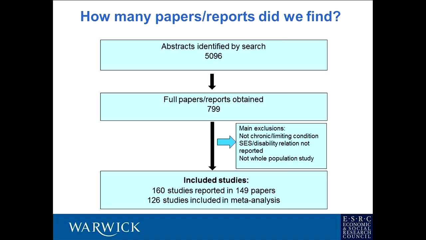And in the end, we identified 160 studies in 149 papers that we reviewed, and 126 of these we put into a meta-analysis. The studies were from a variety of countries. We limited it to high-income countries because the situation is very different in low and middle-income countries.